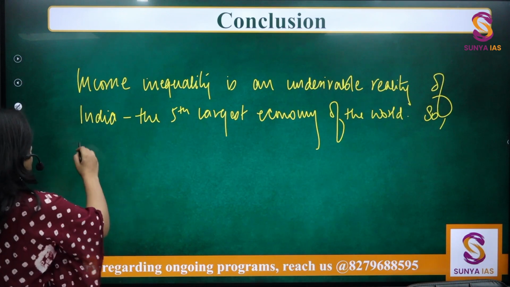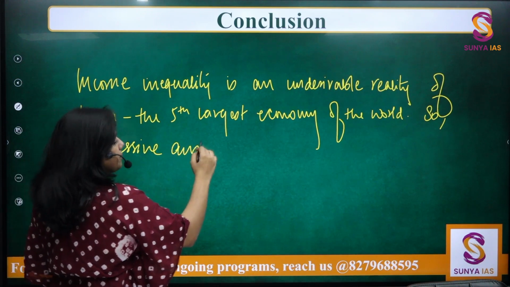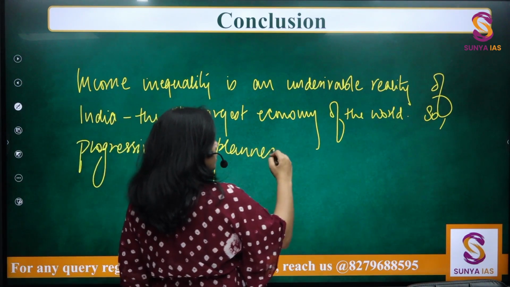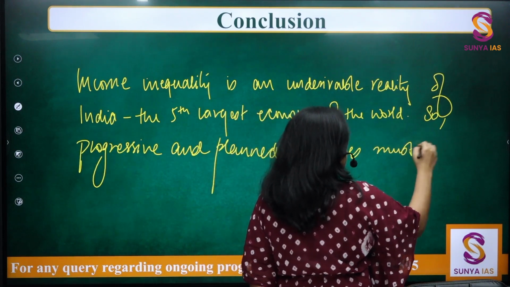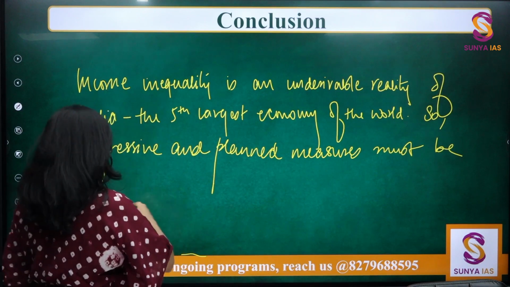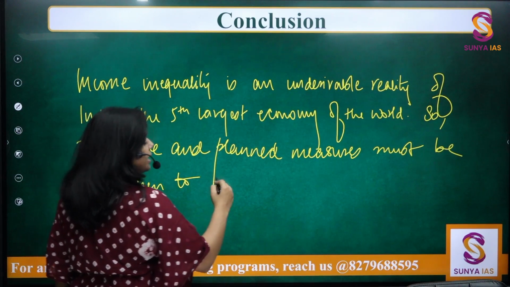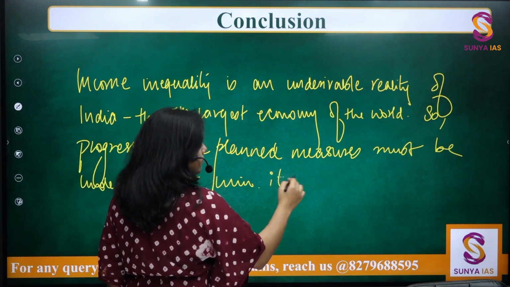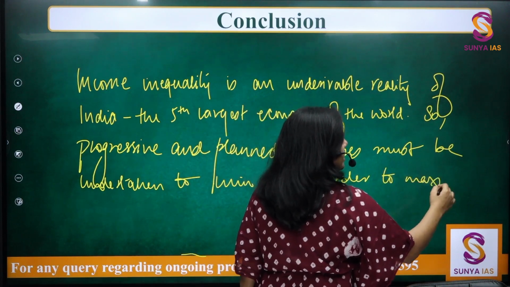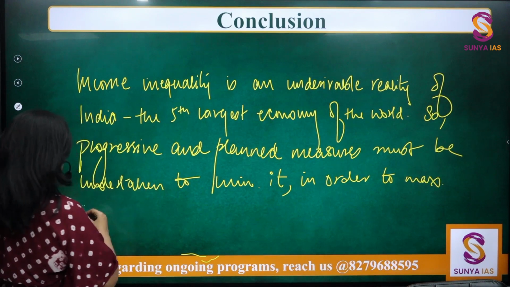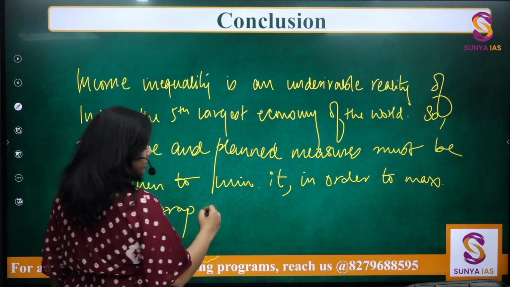So, progressive and planned measures must be undertaken to minimize it in order to maximize our demographic dividend, right?